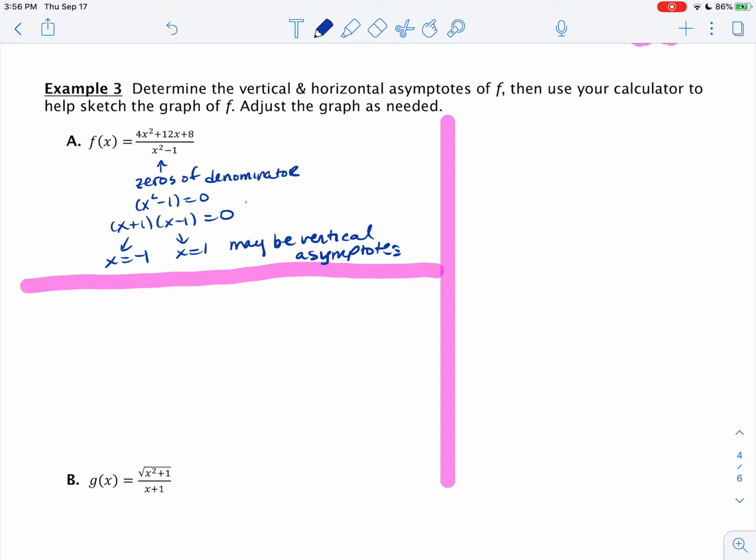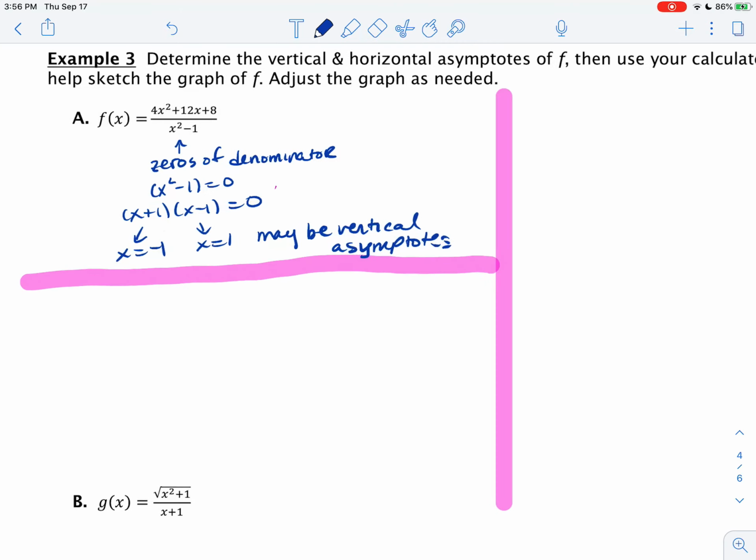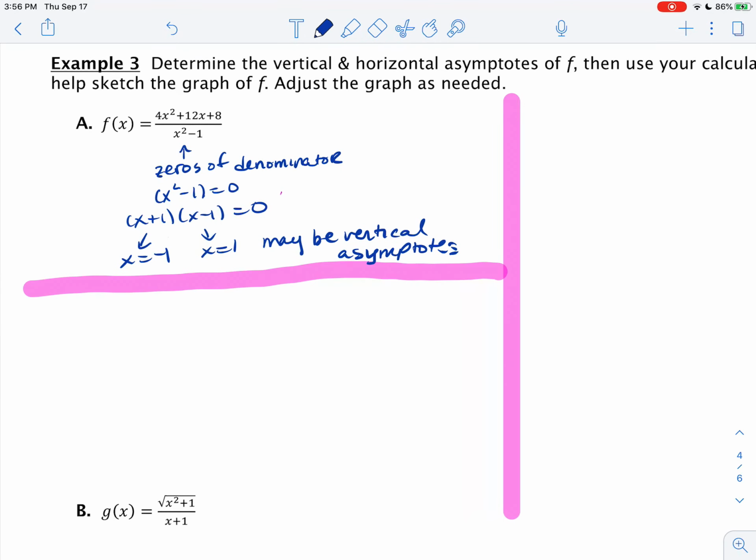And remember, if the limit as x approaches a, which is a finite number, goes to positive or negative infinity, then we will have a vertical asymptote. Okay, so let's first try x equal to negative 1.